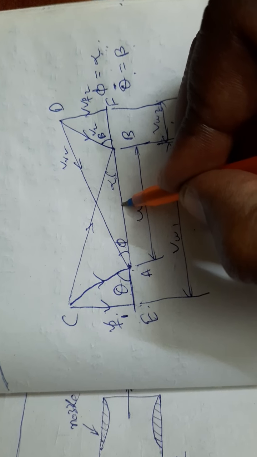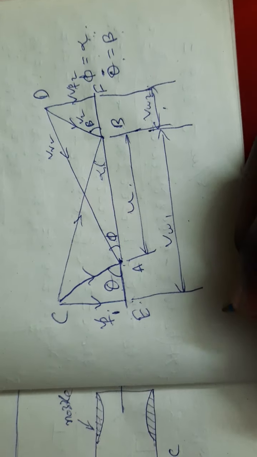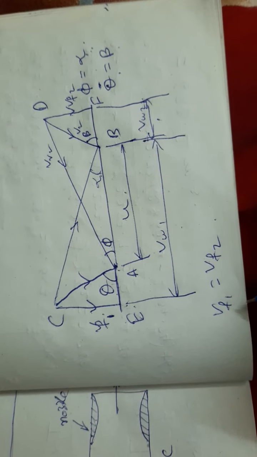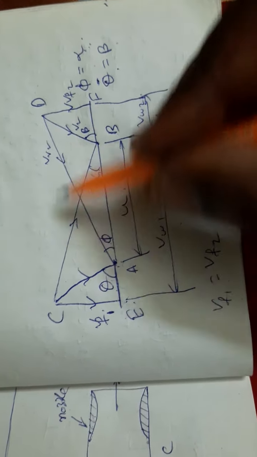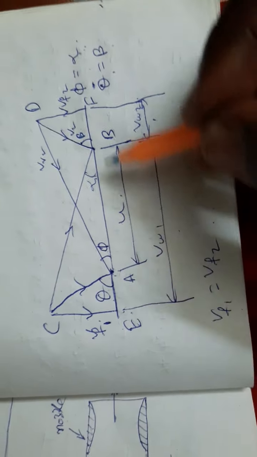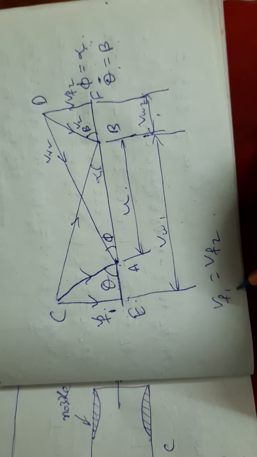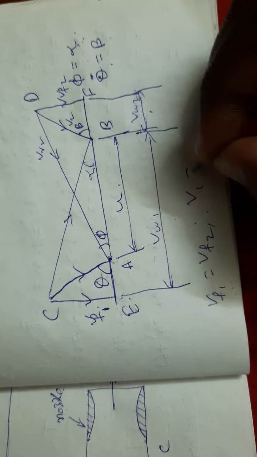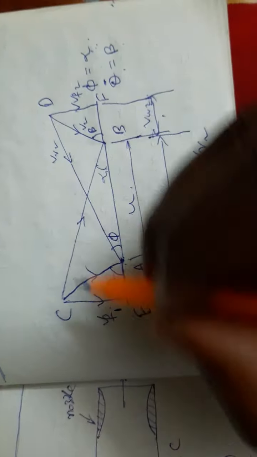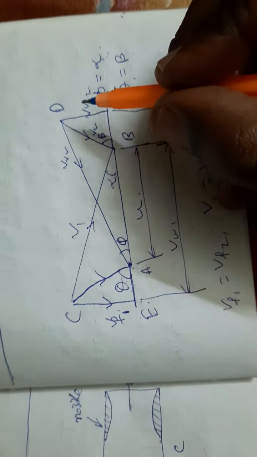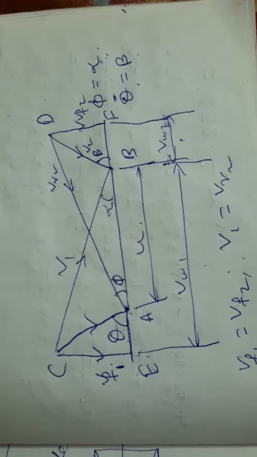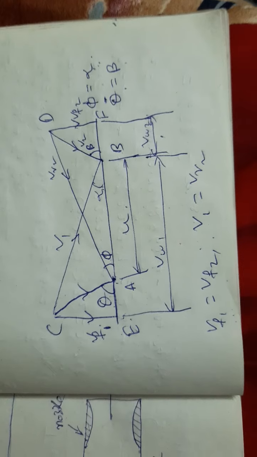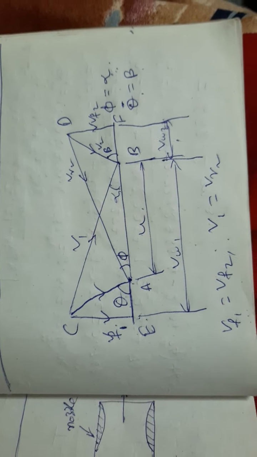Therefore, VF1 is equal to VF2. Here the flow velocity is equal at inlet and outlet due to symmetry about the central line, and V1 is equal to VR2. In the impulse turbine, the relative velocity at inlet equals the relative velocity at outlet when we are considering the frictionless case.